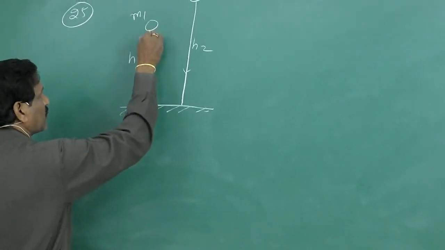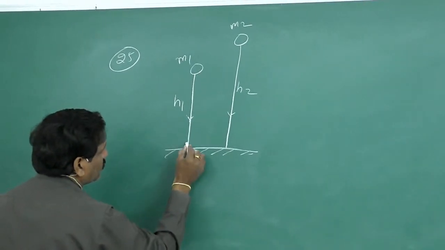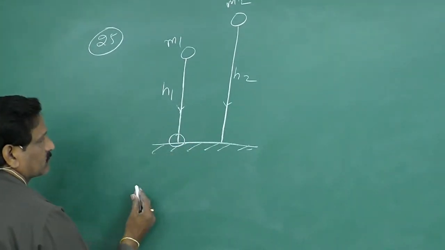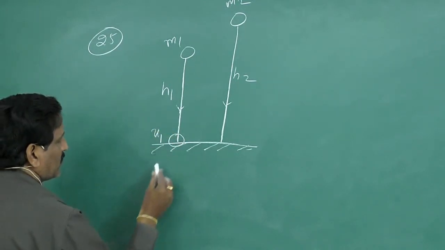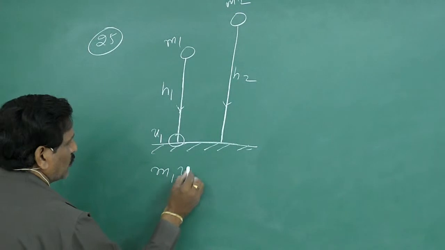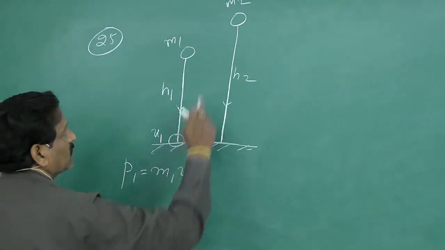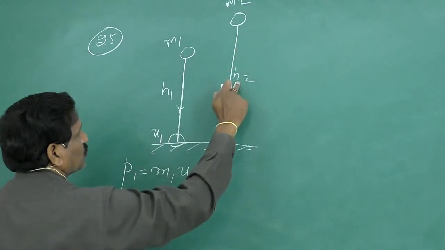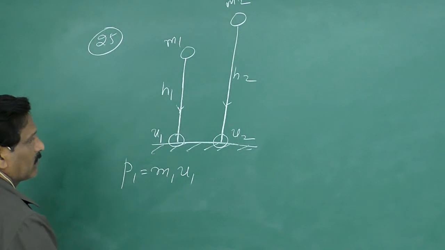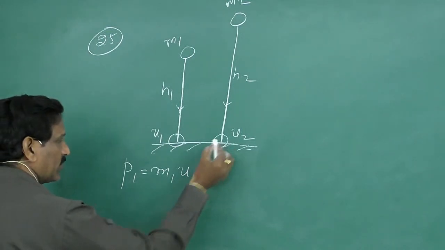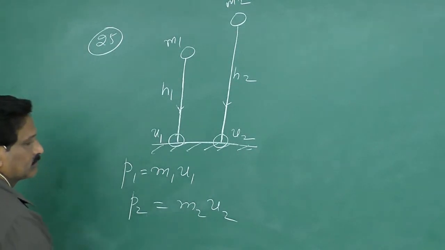When this is dropped from a certain height, on reaching the ground it acquires a velocity. Say the velocity is u1, then the momentum of the first body is m1 u1. Similarly, when this is dropped from height h2, on reaching the ground it acquires a velocity, say u2. Then the momentum of this body is p2 equal to m2 u2.